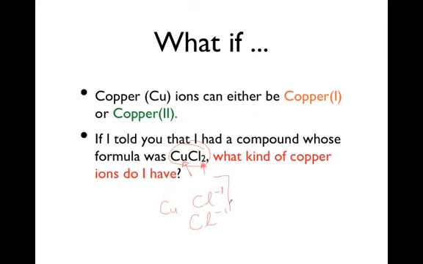Well, what's the charge of all of the chlorines put together here? The total charge is -2. And if these 2 chlorines are going to neutralize this copper, what is the electrical charge of the copper? Well, these 2 have a charge of -2, so the copper has to have a charge of +2. So in this case, the type of copper atom that we're dealing with when we have CuCl2 is copper 2, and we're not dealing with copper 1.